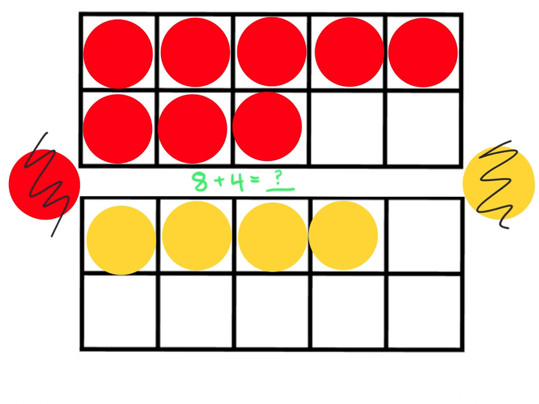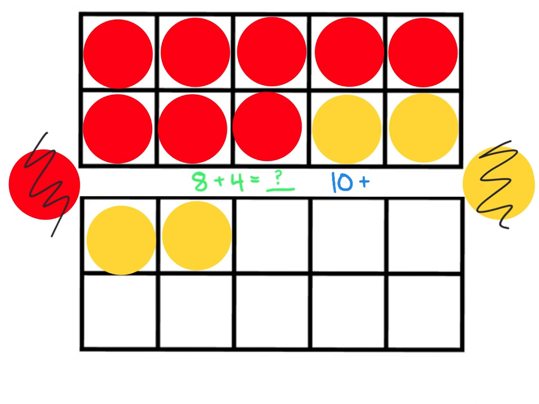So the way I'll do that is I'm going to move 2 of these yellow counters to that top 10 frame to fill it out completely, because if it's filled out completely, how many do I have? 10. So move these. And now what's my new addition sentence? 10 up top plus how many down below?